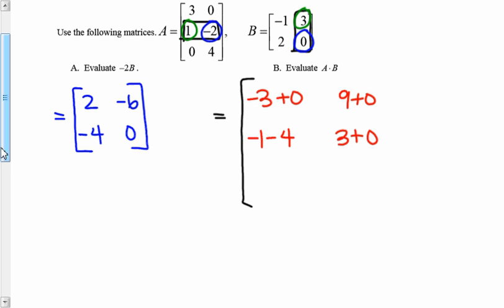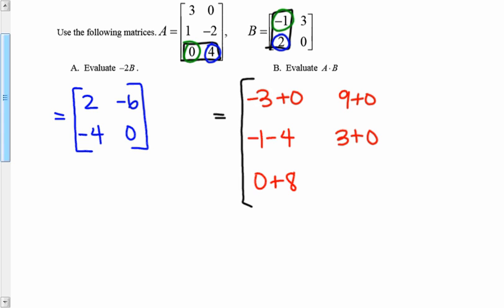All right, and then finally, I have to do my third row in my first matrix, which is this one. I'm first going to multiply it by this column. So 0 times -1, and I'm adding that to 4 times 2. So 0 times -1 is just 0, and then 4 times 2 is 8.